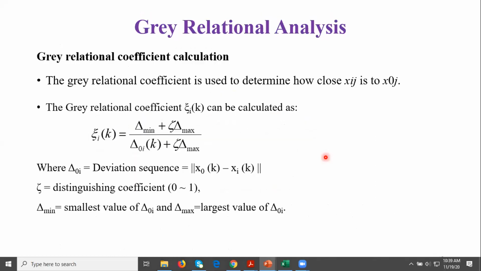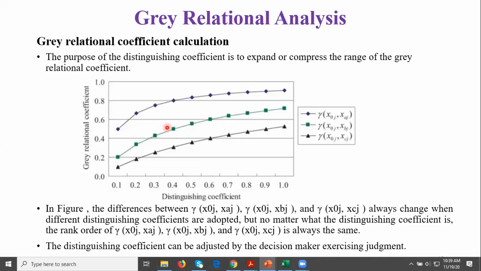But in the normal gradation analysis, the distribution coefficient they are using is 0.5. You can use 0.2, or 1 or so. From 0 to 1, you can use any value. Not a big issue. You can see here the gradation coefficient values are changing, but when I consider all the experiments with the same distribution coefficient, the gradation coefficients are also the same; only the values or spacing is changing.